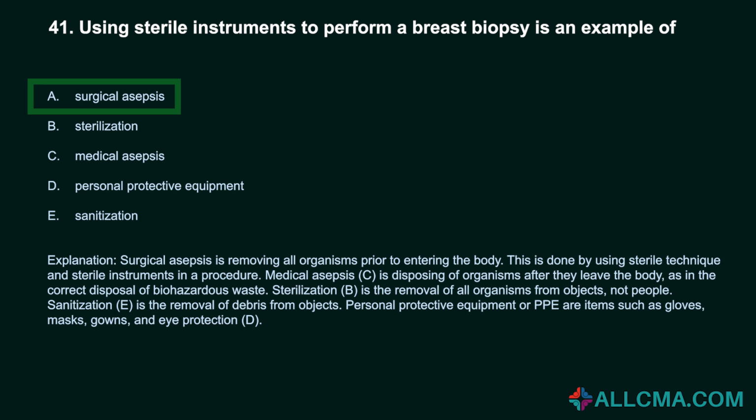Medical asepsis, C, is disposing of organisms after they leave the body, as in the correct disposal of biohazardous waste. Sterilization, B, is the removal of all organisms from objects, not people. Sanitization, E, is the removal of debris from objects.